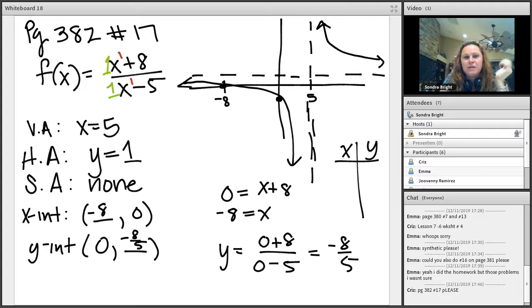I've graphed so many rational functions, I know what happens, but let's go with, can I come up with something friendly? 6, let's go 6. When x is 6, just right after the 5, you'll have 14 over 1. So that's how I know that when x is 6 right here, I'm way up here.